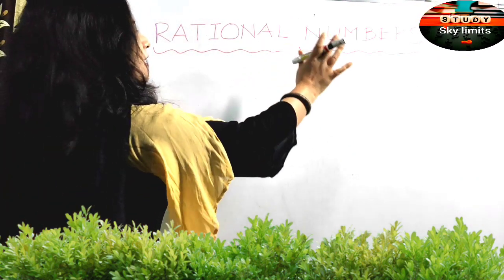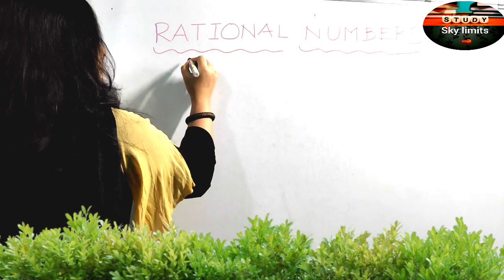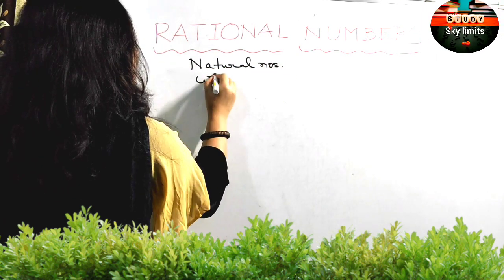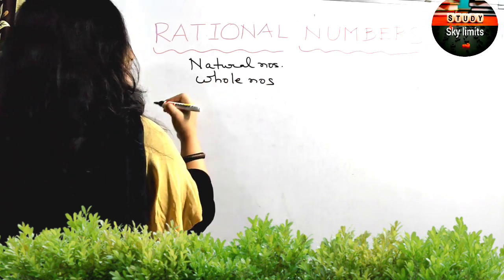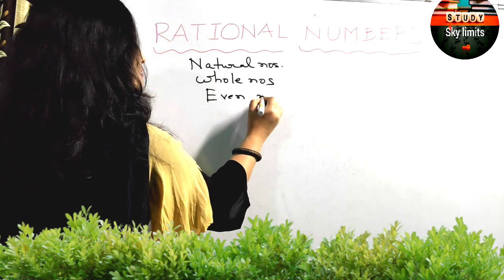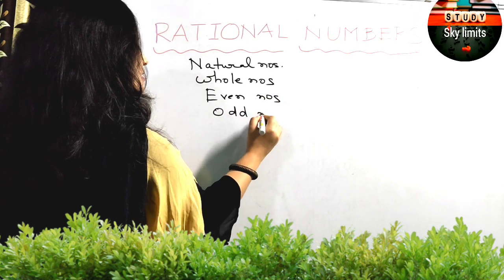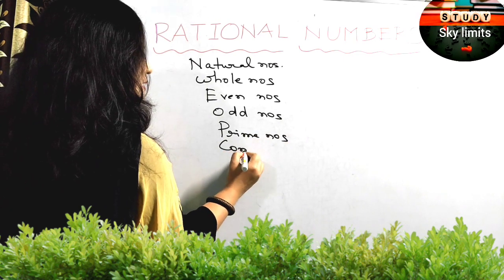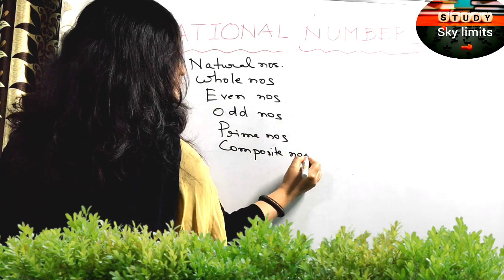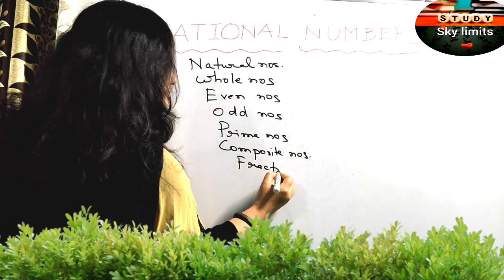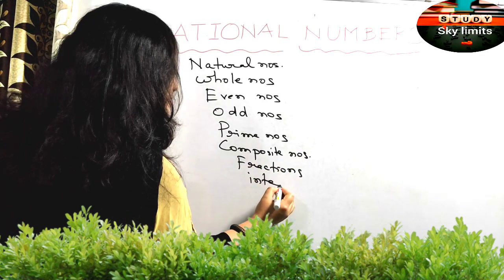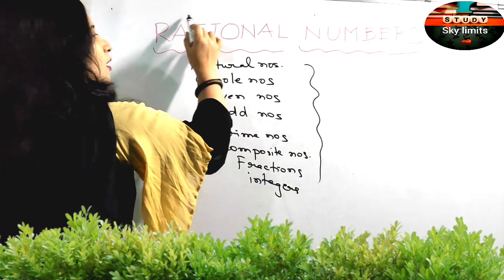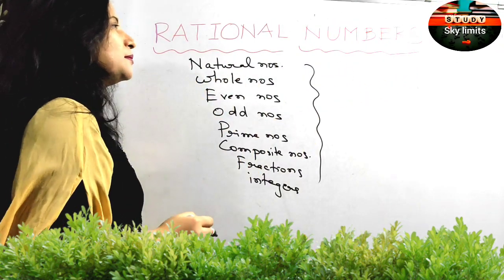So rational number is the complete package where you can find the natural numbers, whole numbers, even numbers, odd numbers, prime numbers, composite numbers, fractions, integers, all are included under one group, that is rational numbers.